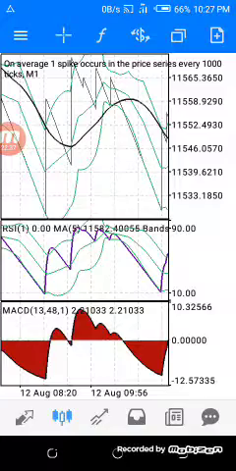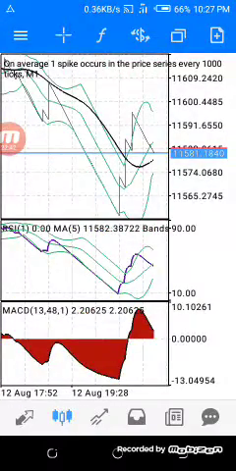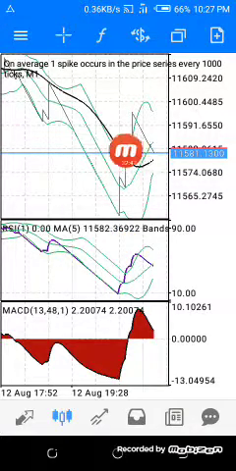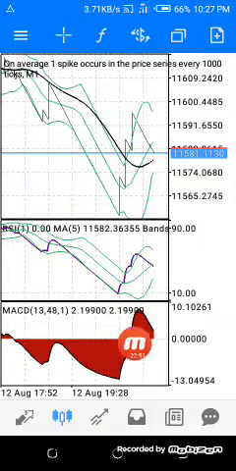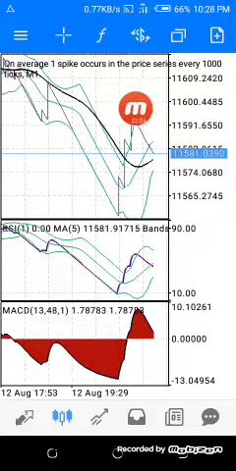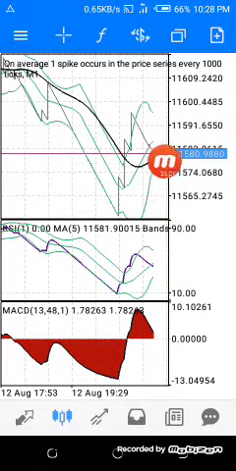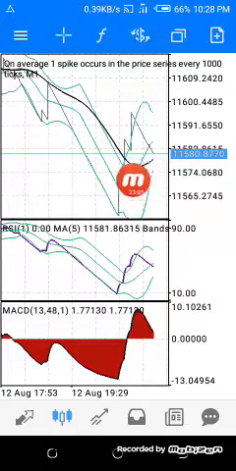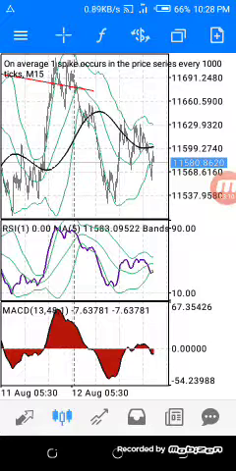You can try this on the demo account before you try on the real account. So now the price has crossed this one and it crossed right there. So if I'd put my buy position here, I was going to be in profit, guys, until somewhere there. Then let me check on my 15 minutes time frame.